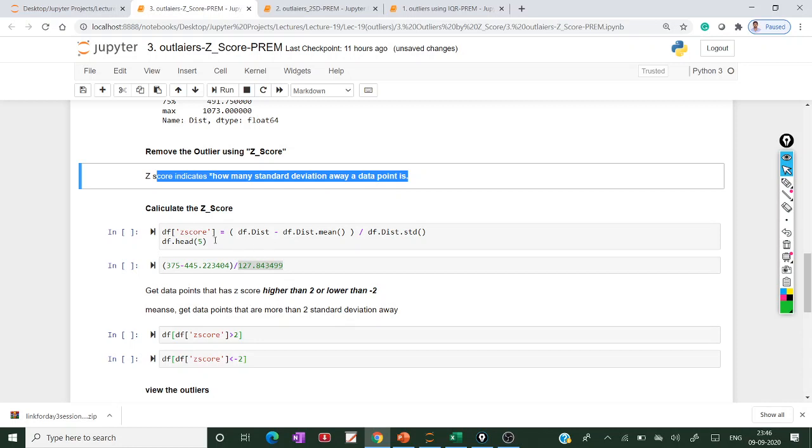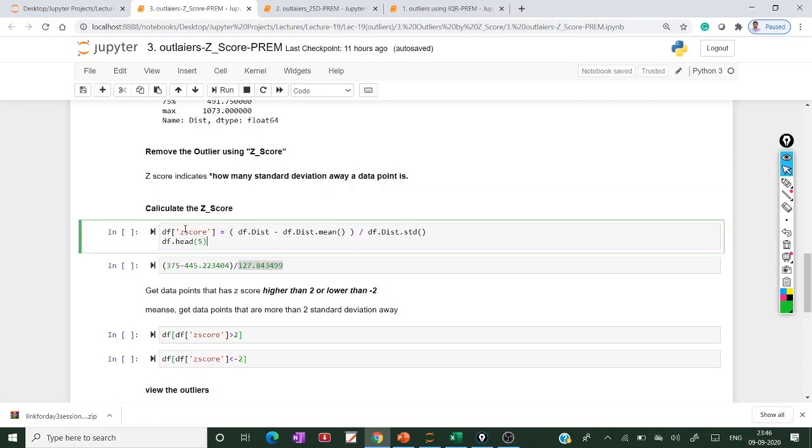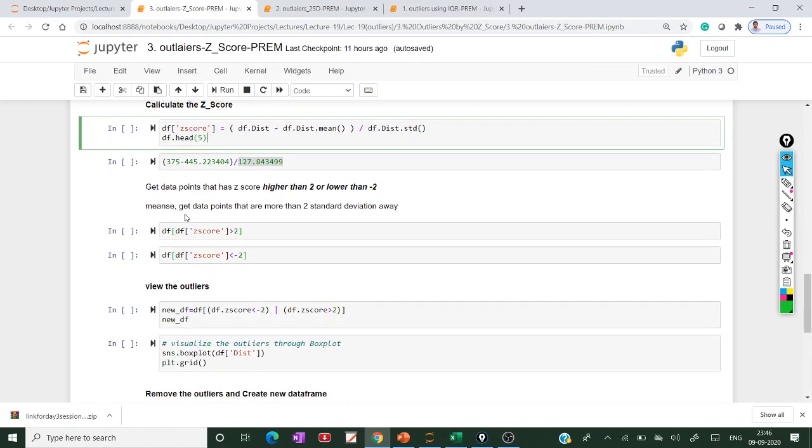Now we have to calculate the z-score. What is the formula of the z-score? It is xi minus mu divided by the standard deviation. What is mu? We have to see the mean value and standard deviation.